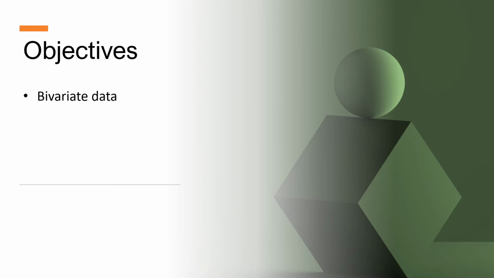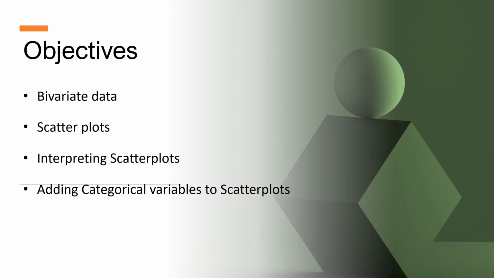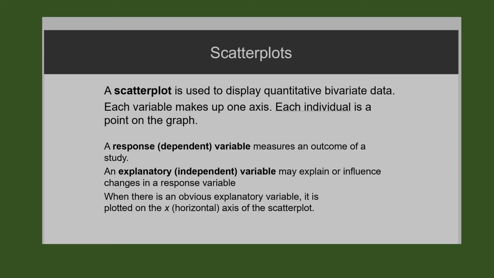So the main objective of this video is to have bivariate data, draw a scatter plot for the bivariate data, interpret those scatter plots, and also add variables to those scatter plots. A scatter plot is used to display quantitative bivariate data.